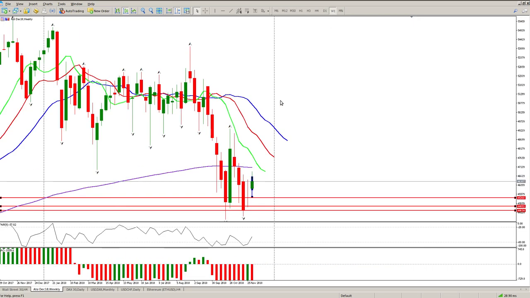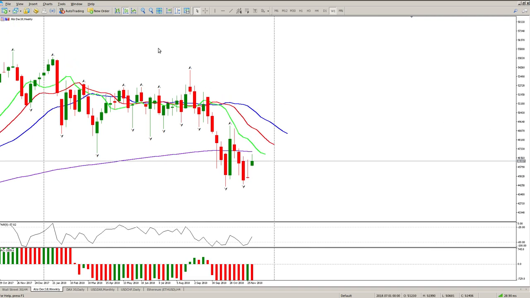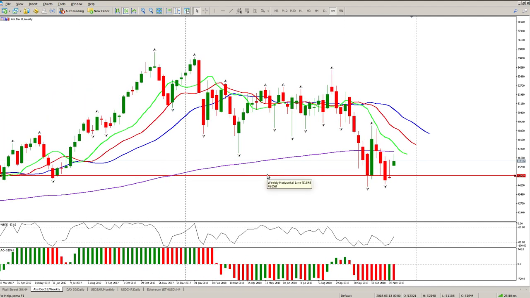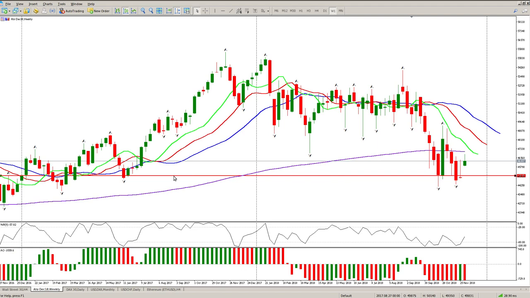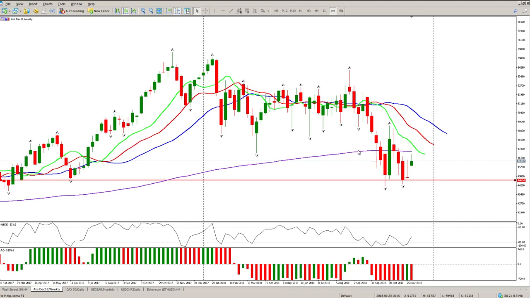And for me, at this stage, fairly decent levels are going to be off the something like that, or even there. Okay, so 44,674. And the other thing to bear in mind is we are below the 200 moving average on the weekly.